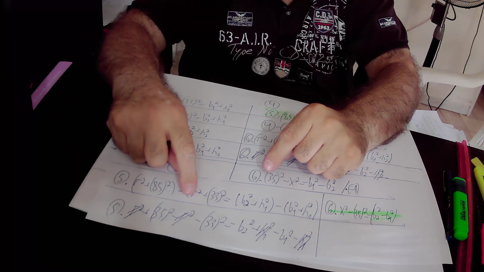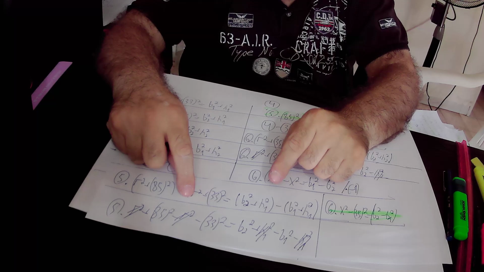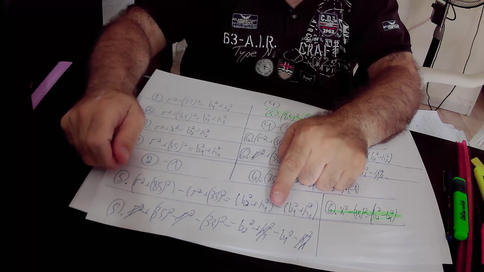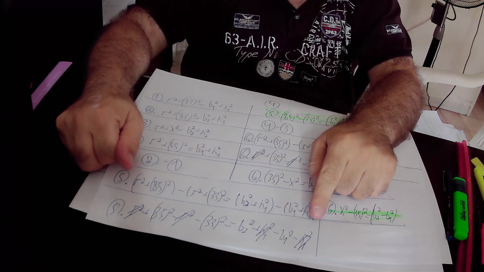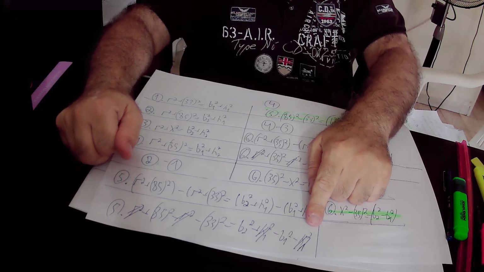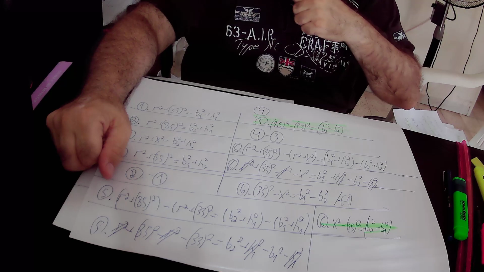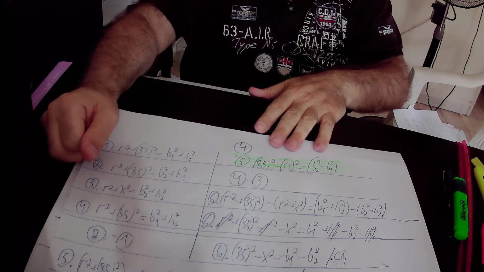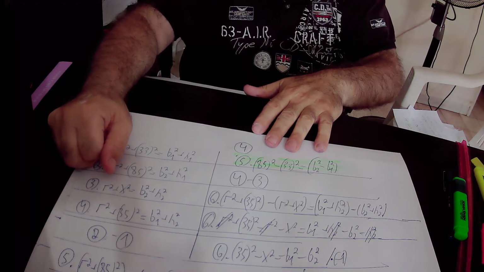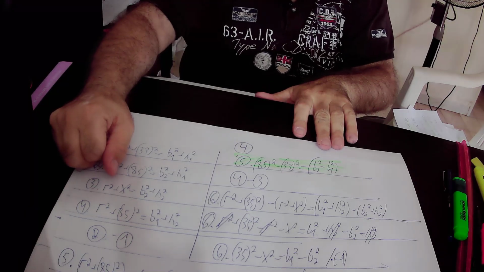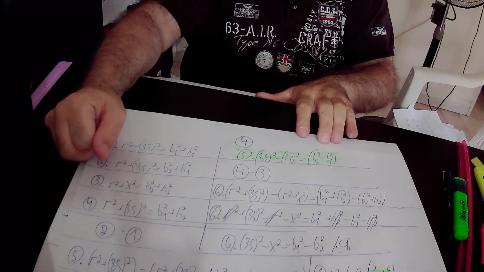Here r square minus r square is 0, so r square we can cancel. On the other side of equation number 5, h1 square minus h1 square is 0. So what is left from equation number 5 after we cancel those two expressions is 85 square minus 33 square equals b2 square minus b1 square.